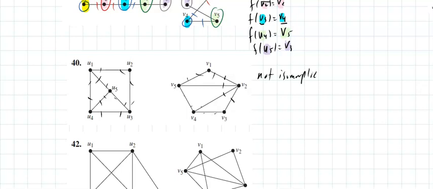Well, the left, let me go this way, it's better. The degree of V2 is 4. No match on the left.